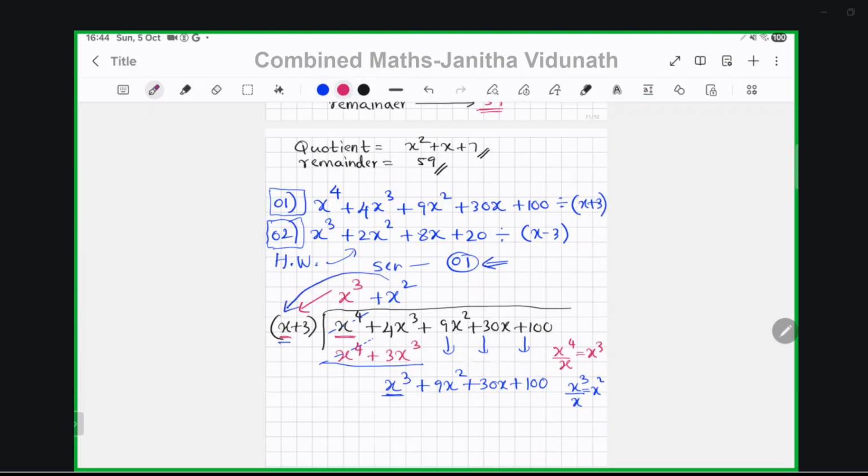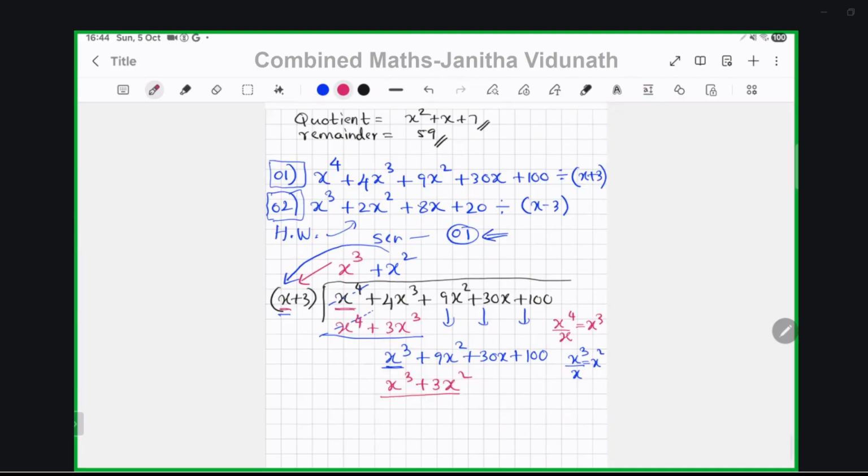Then we will get x cube plus 3x square. Then we need to subtract those two. Then x cubes are cancelled out. Then we get 6x square. And here we bring down the remaining terms, that means 30x plus 100.